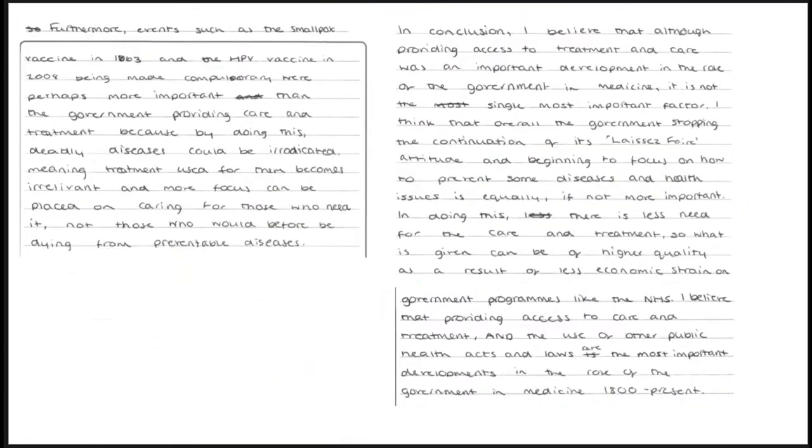We now move on to the next slide. Furthermore, events such as the smallpox vaccine in 1863 and the HPV vaccine in 2008 being made compulsory were perhaps most important because the government provided care and treatment, because by doing this directly, disease was eradicated.